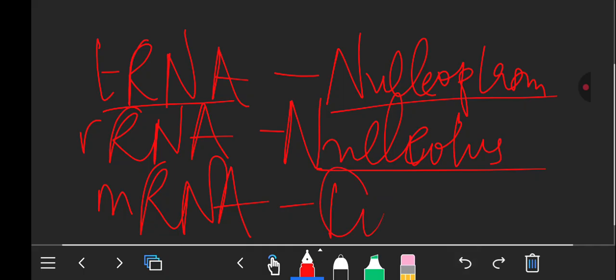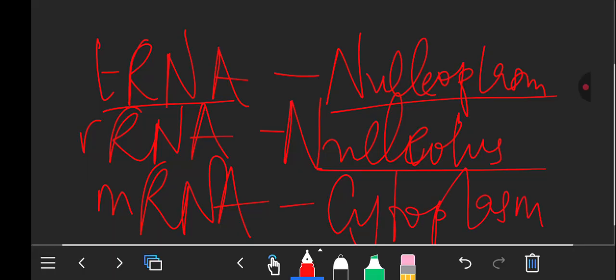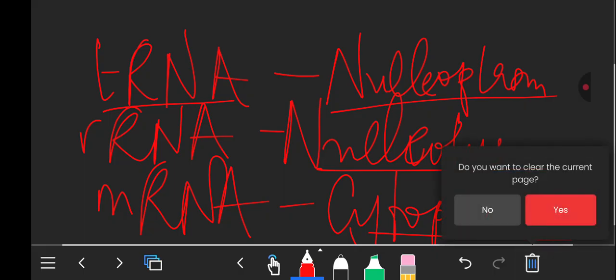Cyto. How do you spell cyto? Cytoplasm. Like that, right? It is very important for us to understand this. And when you're looking at this, let's talk a bit about the mRNA, not even in so much detail, just a bit.